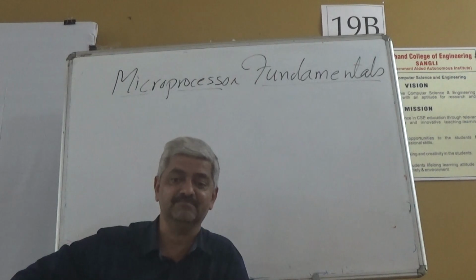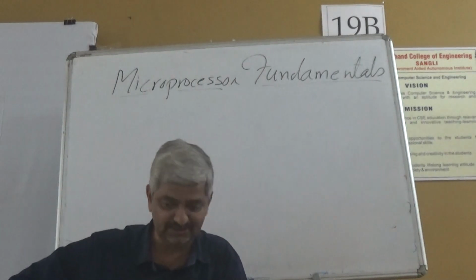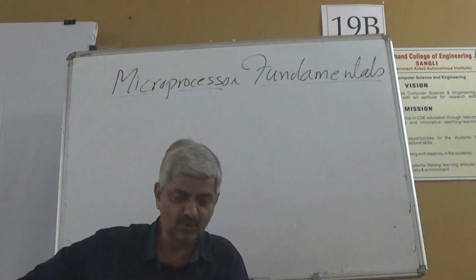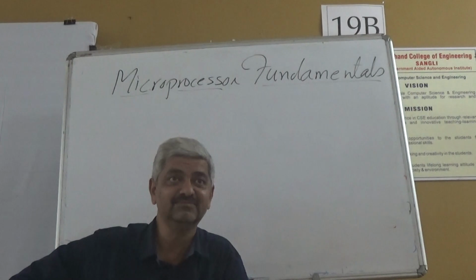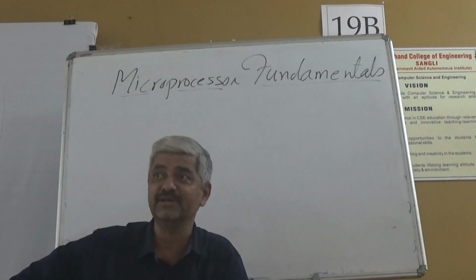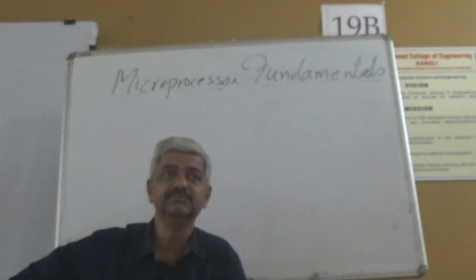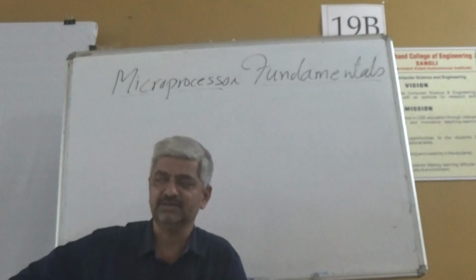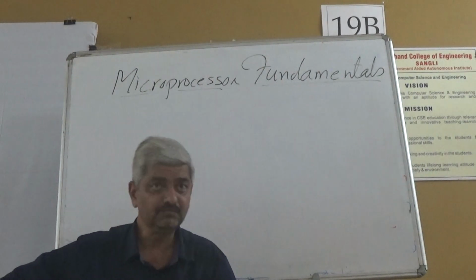Operating system. So you raised a very nice point. Operating system. What is operating system now? The operating system, how will you define? Whether the subject is there for you? What is the operating system?